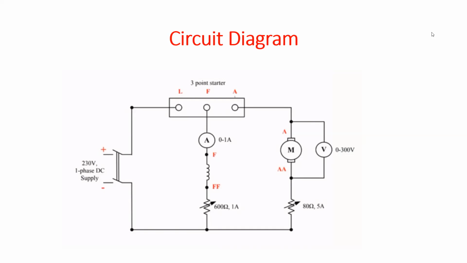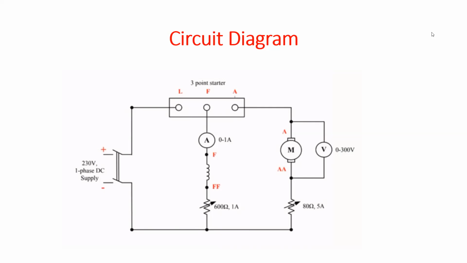What do you mean by field failure protection, and what is the necessity of it? In the previous equation we have seen that speed omega is equal to VA minus IA RA divided by KA into phi, and phi is proportional to IF. So speed is directly proportional to VA and inversely proportional to IF, that is field current.